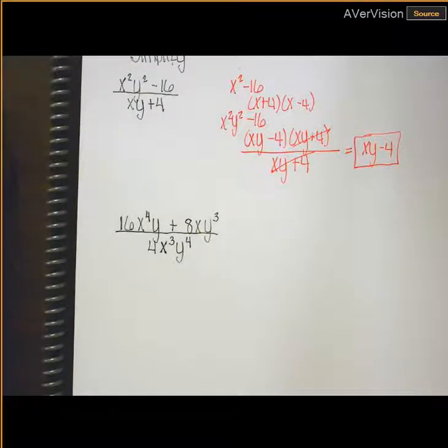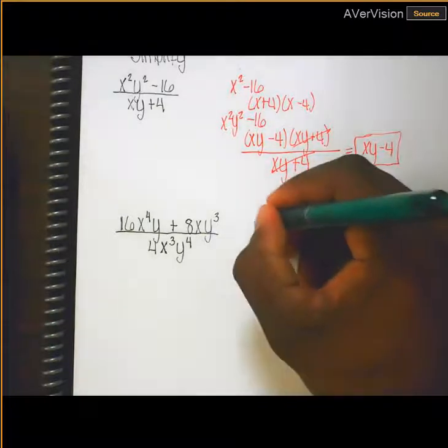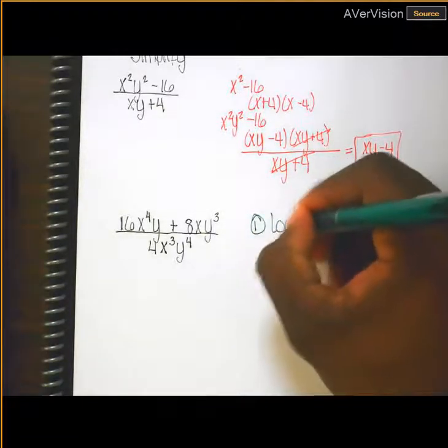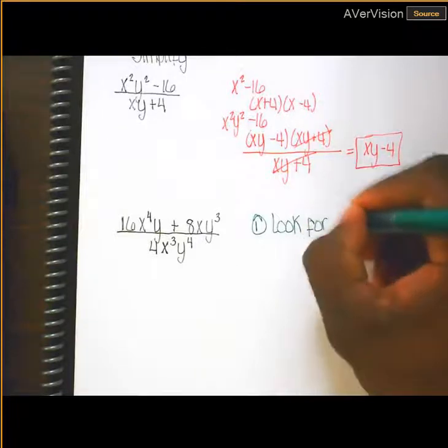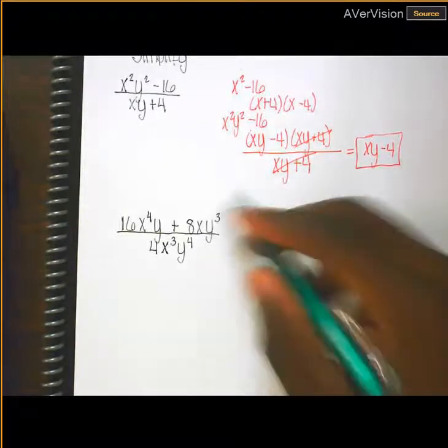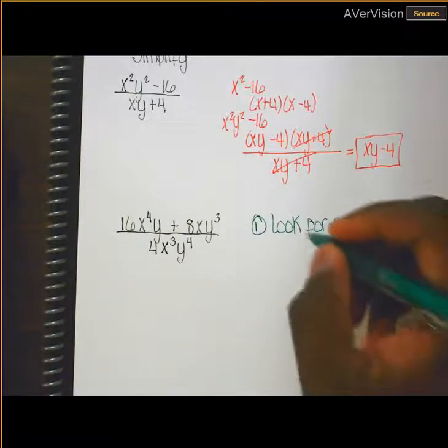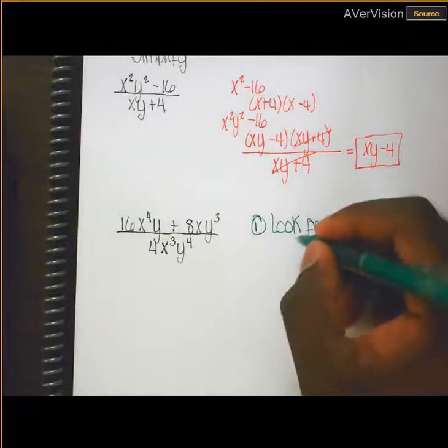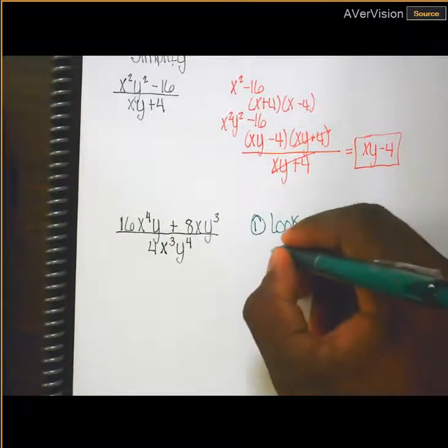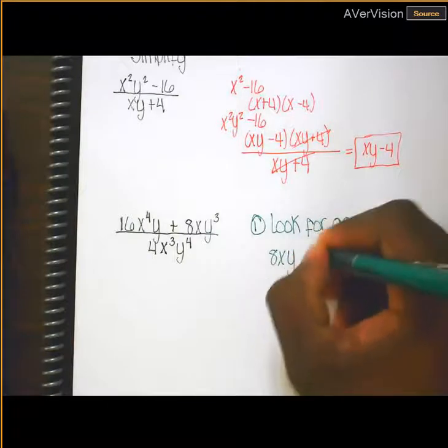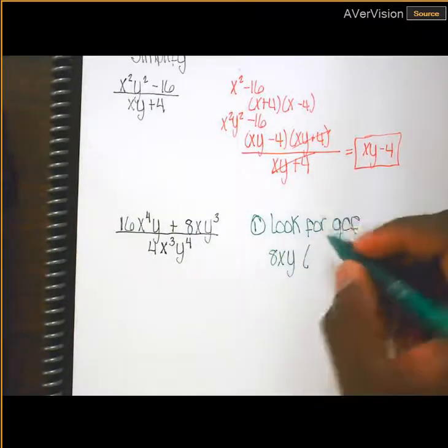Look for what? Yeah. Look for GCF. In the numerator, do we have a GCF? Yeah, what is it? Yep. And if we take out an 8xy, what's left?